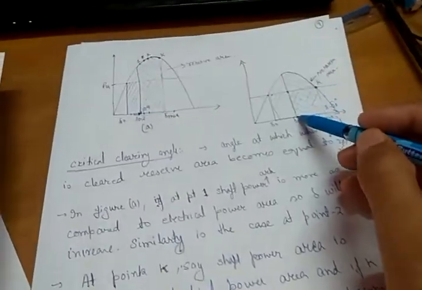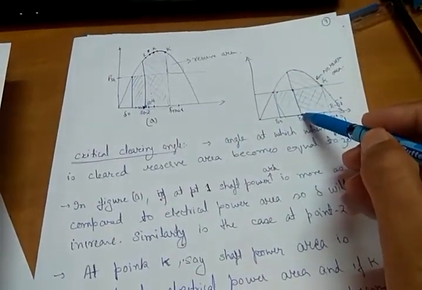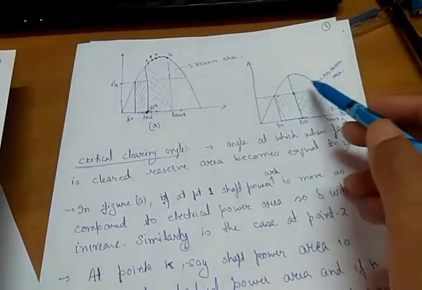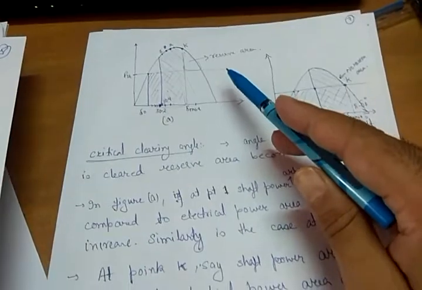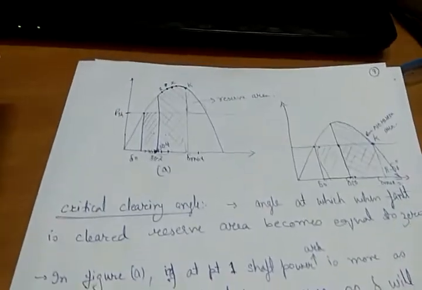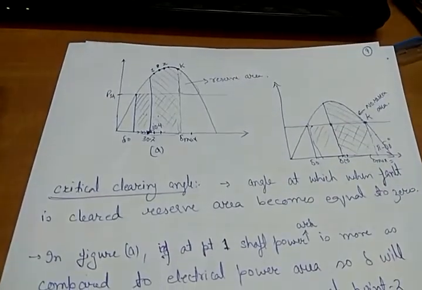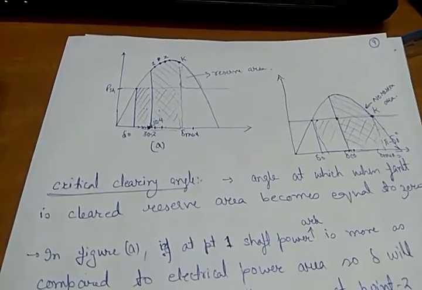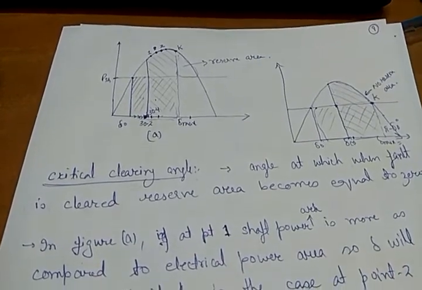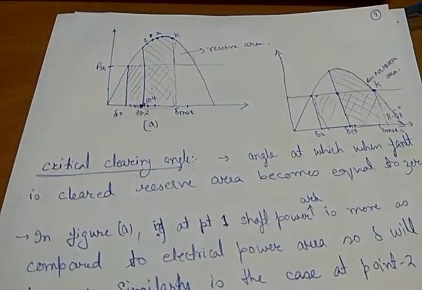So what is the critical clearing angle? It is the maximum angle at which, when the fault is cleared, the reserve area becomes equal to 0. Okay, reserve area becomes equal to 0. So if we clear the fault beyond this point, the reserve area is already equal to 0 at delta CR. If we clear the fault after delta CR, what will happen? There is already no reserve area.